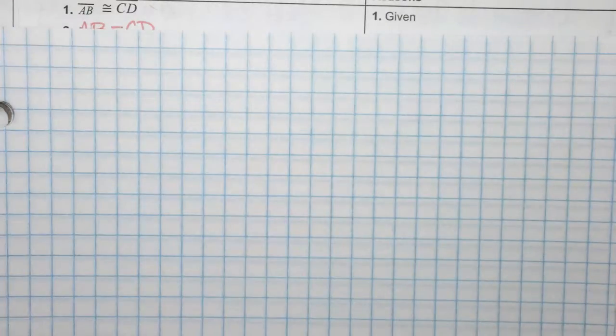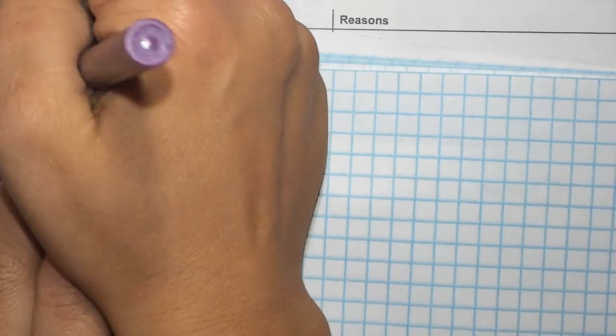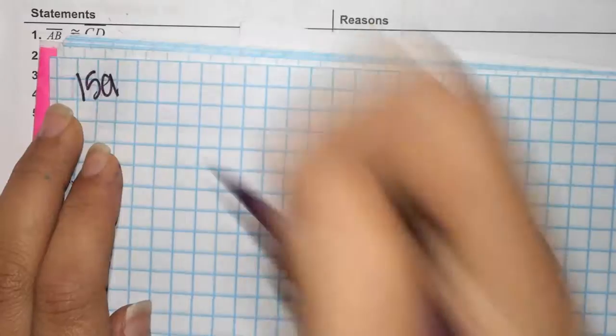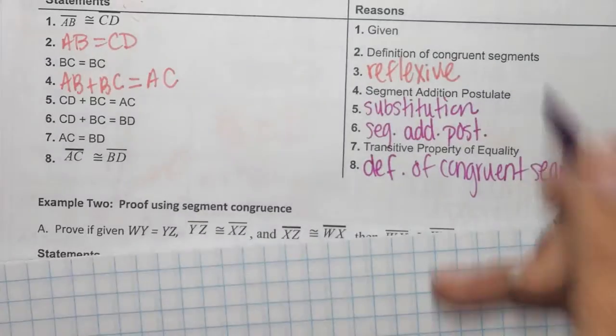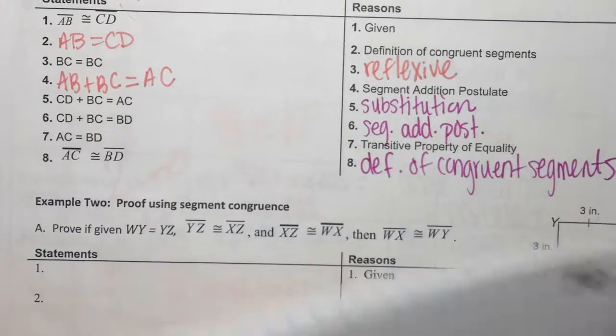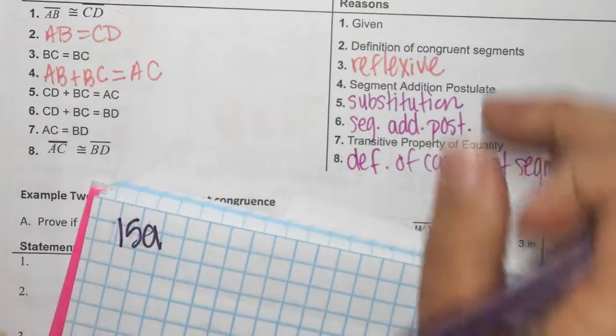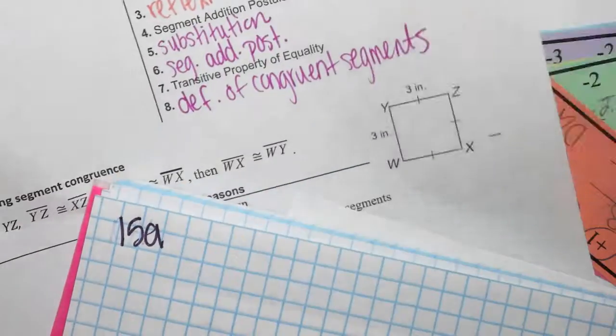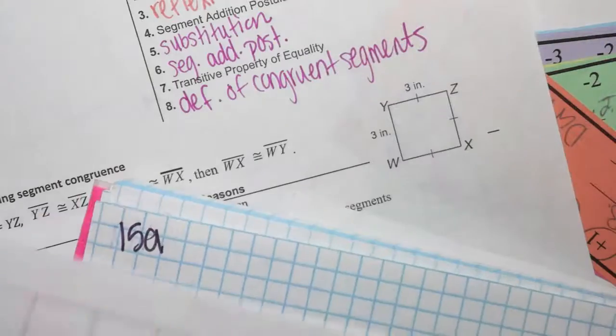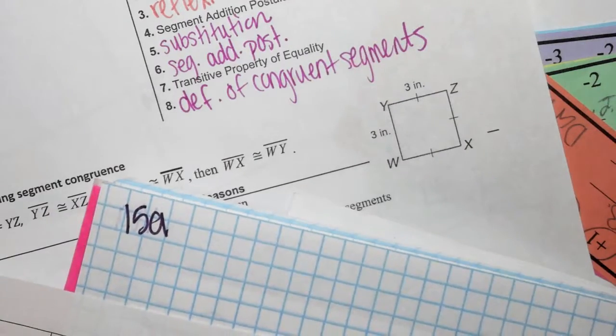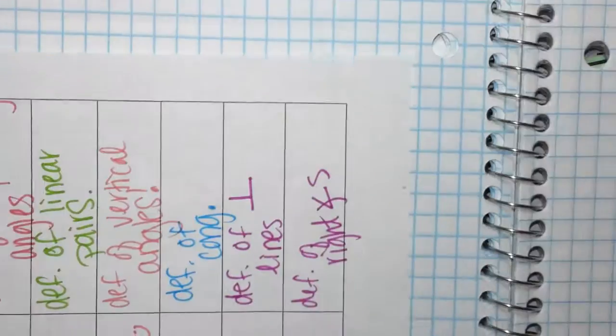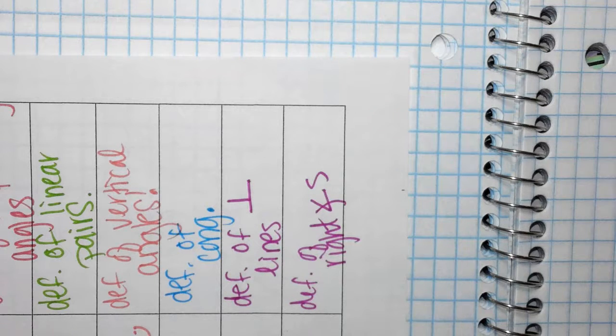Flip it over. 15A is going to be on the left. And 15B is going to be on the right. Now, the first one that we're going to glue down is that one, the first one that we did. This goes on the left. That way we can use it all the time.